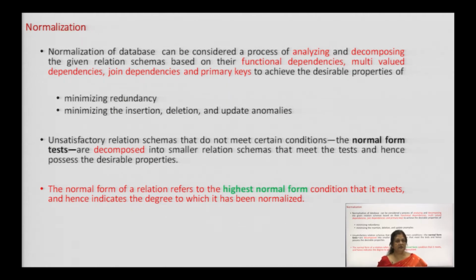Unsatisfactory relations will go through the process of decomposition into smaller relation schemas that meet the test for the normal forms and hence possess the desirable properties of minimum redundancy and minimum anomalies. The normal form of a relation refers to the highest normal form that it can be decomposed to.